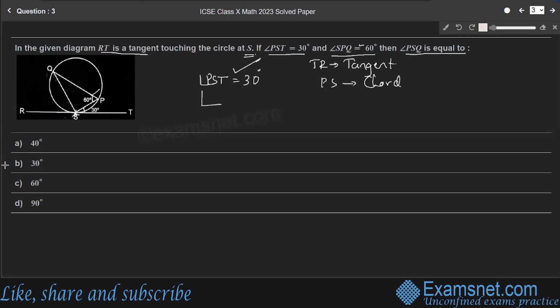This angle is equal to the angle formed by the chord in the alternate segment. The alternate segment is this major segment of the chord, right?